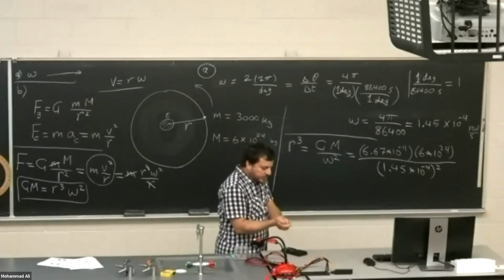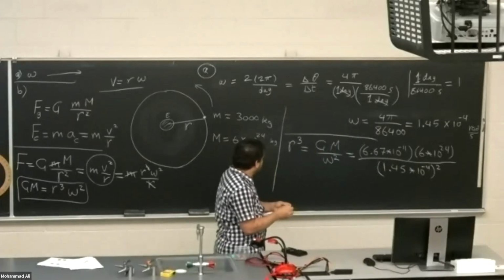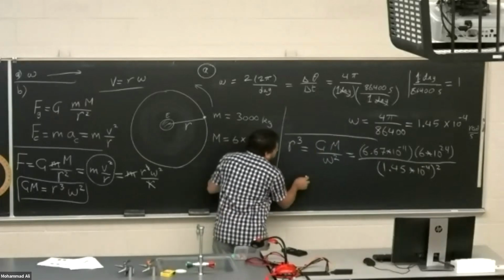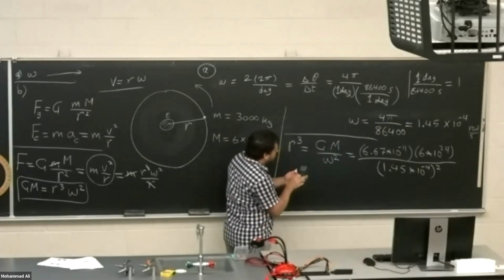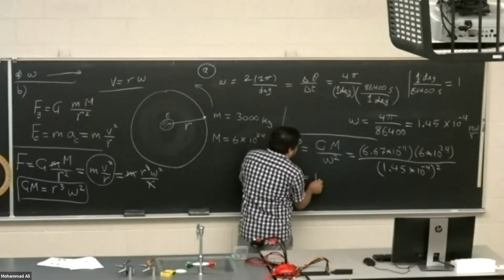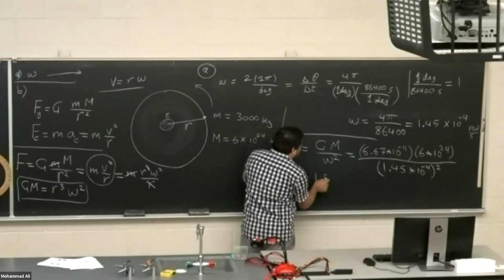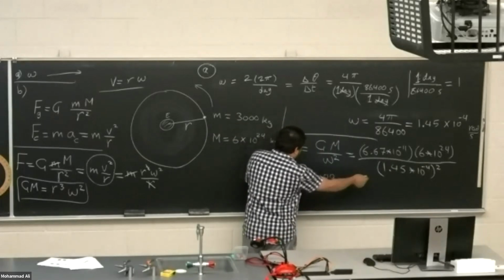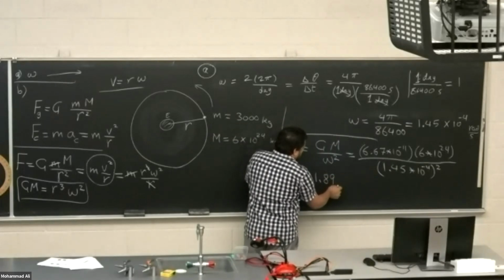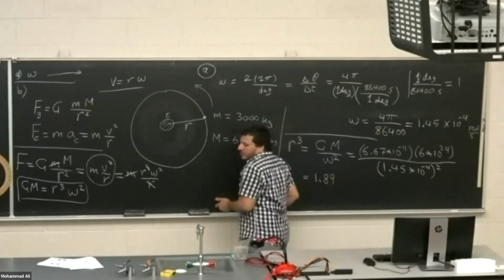This is R cubed. It is equal to 1.89 something. We can assume it is 1.9.